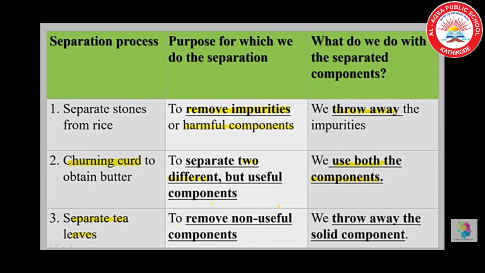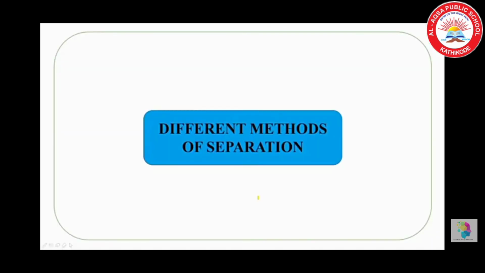And third one, separate tea leaves. What is the purpose? To remove non-useful components. Here, the useful component is tea and the non-useful component is tea leaves. Then what are we doing? We throw away the solid component, that is tea leaves. We throw away the tea leaves and we use the tea.